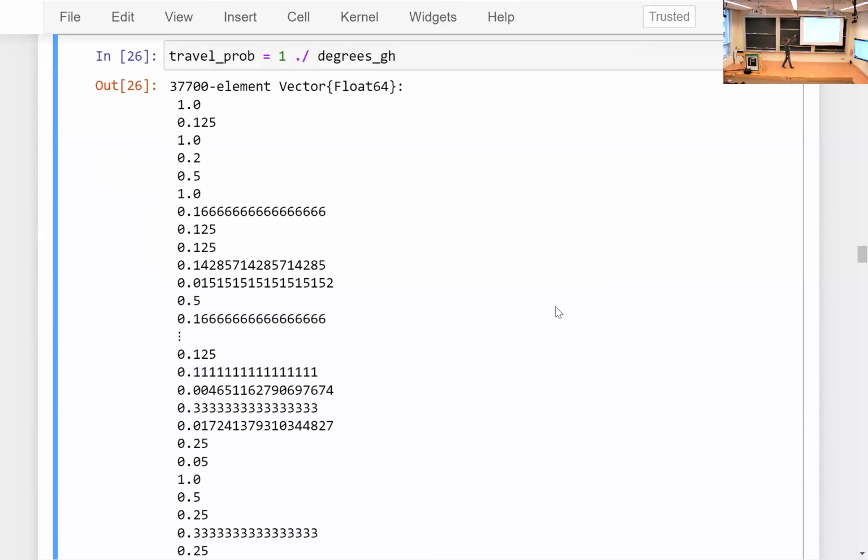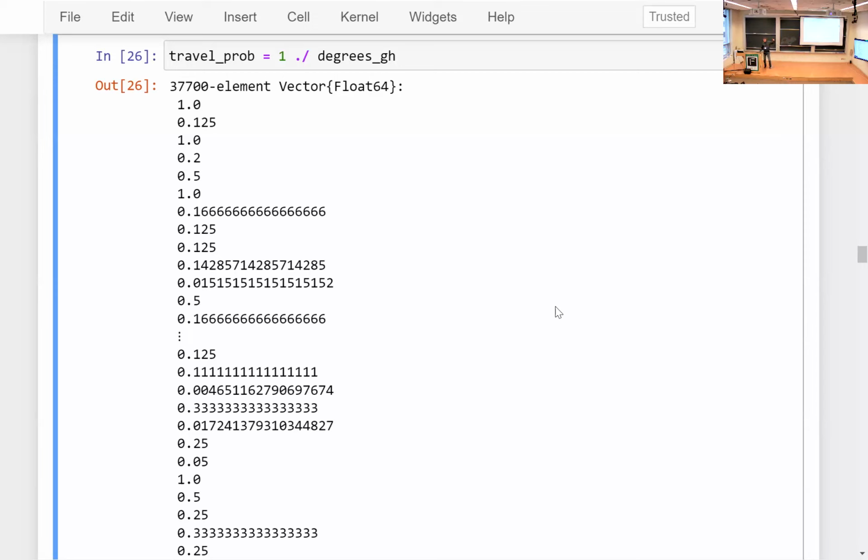But what is important is that for each node, I can take its degree. For a node of degree 1, I have 100% probability to go to a given node because I have only one way to go. If my second node has degree 8, I have 1/8 probability to go to a given node. So how do I encode those probabilities in a matrix?